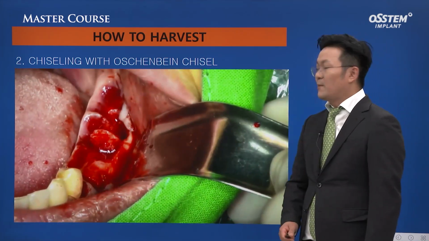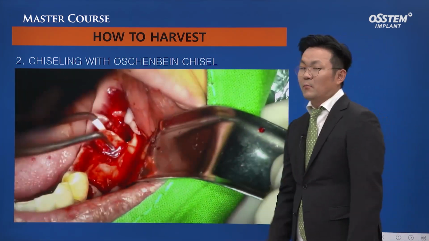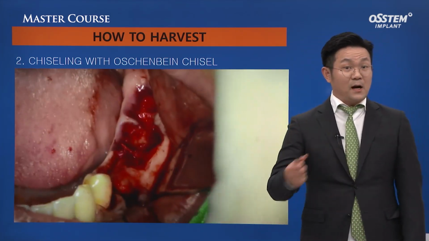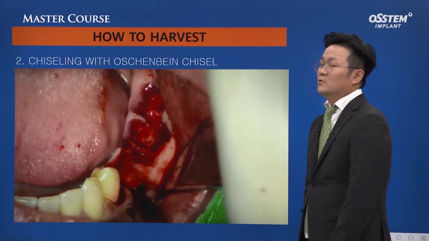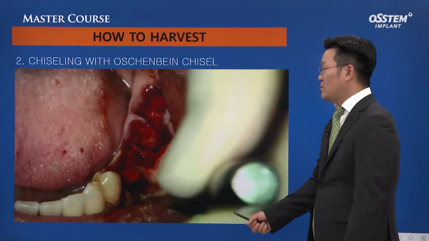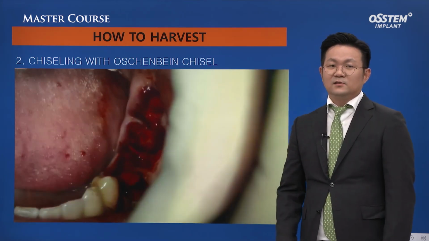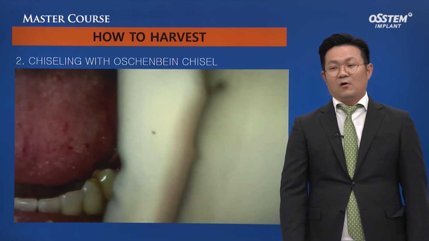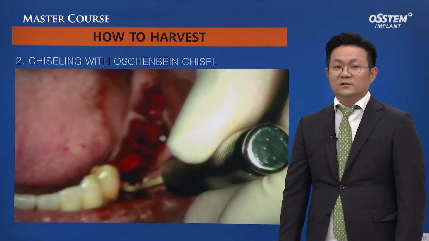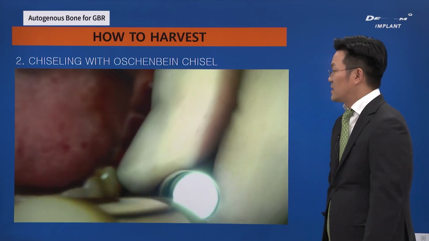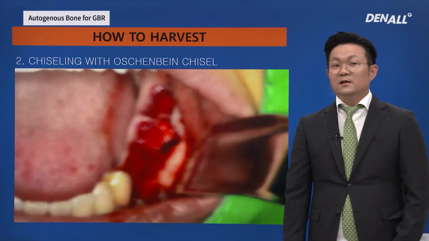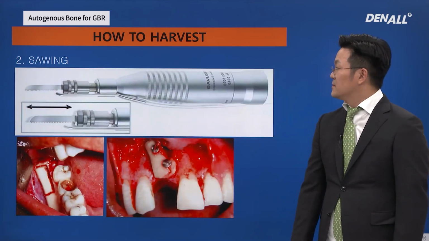And the cut bone can be milled. It makes bone material similar to the bone harvested using scraping. A lot of volume can be achieved. This is a technique of harvesting a lot of autogenous bone clinically easily.